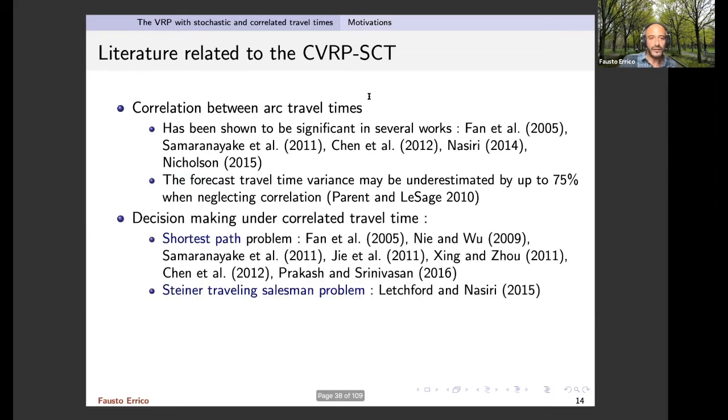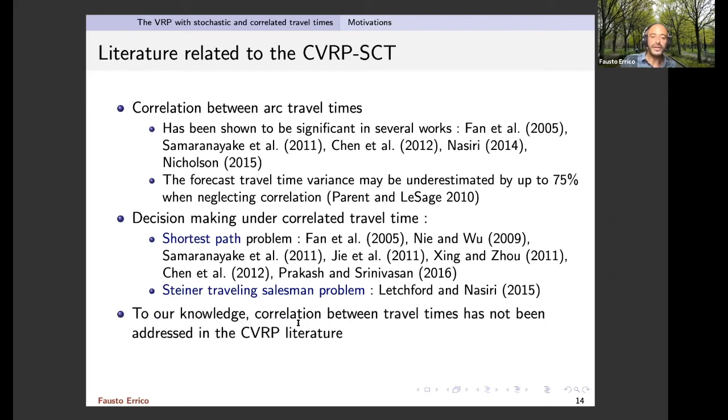For decision making with correlated travel times, there is some literature, some on the shortest path problem, some on the Steiner traveling salesman problem. But to our knowledge, correlation between travel times has not been addressed in the vehicle routing problem.